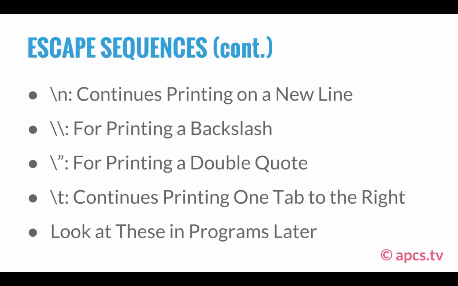So if you put a \t, it'll move the printer one tab to the right, and it'll continue printing from there. So the \n, the \\, and the \" are all part of the APCS Java subset, so they will be tested. The \t is not part of it, but I feel that it's another essential escape sequence. We'll be looking at some programs where we'll be applying this later.